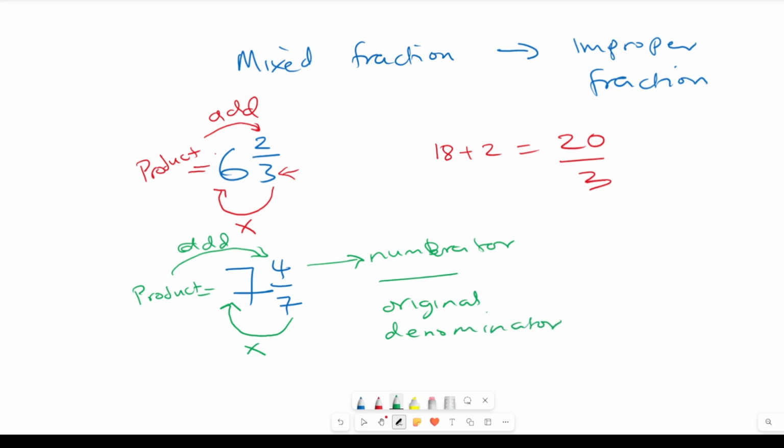So 7 times 7, 49. 49 plus 4, 53. 53 becomes the new numerator, and then the original denominator, which is 7. Okay, so that is how we make a mixed fraction into an improper fraction.